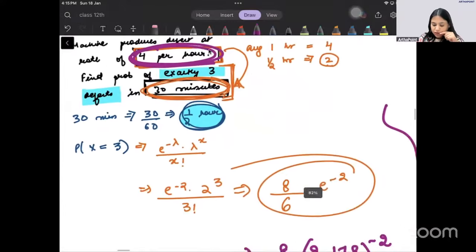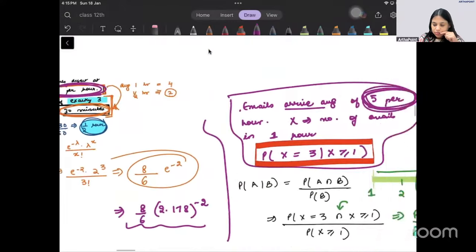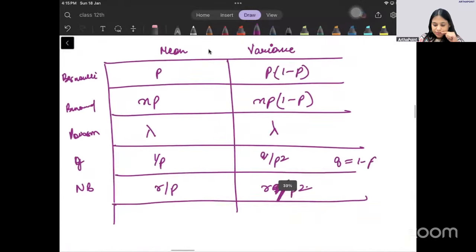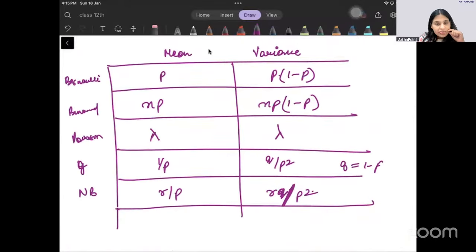No, there was no other formula. That's it. These are the formulas. Sometimes they will ask you to use Poisson but give you np. So you can use that lambda can be found by n into p. But otherwise, no. Lambda will be given to you in the exam.